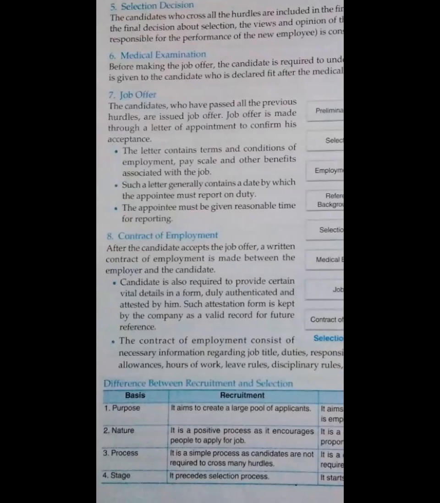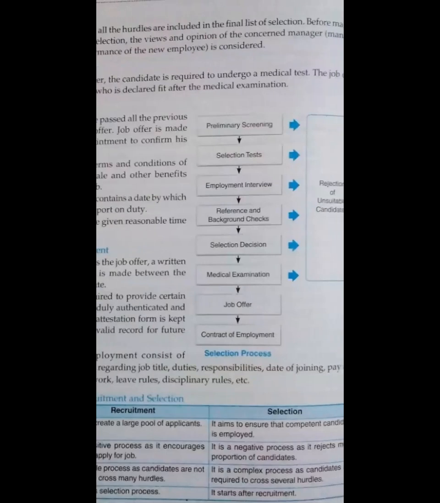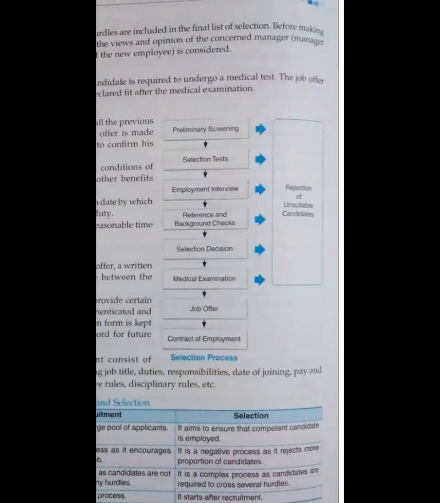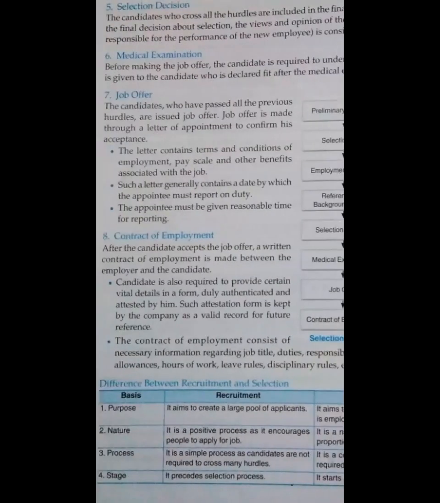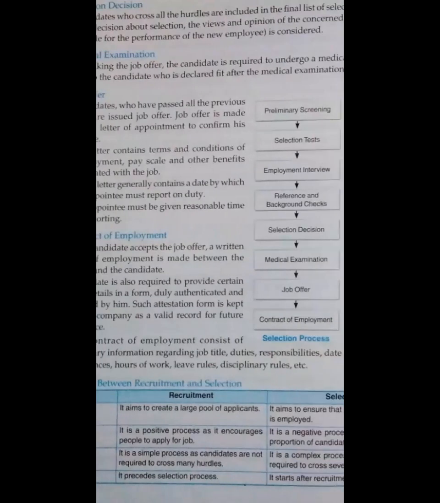Such an attestation form is kept by the company as a valid record for future reference. The contract of employment consists of necessary information regarding job title, duties, responsibility, date of joining, pay and allowances, hours of working, leave rules, disciplinary rules, all those things.